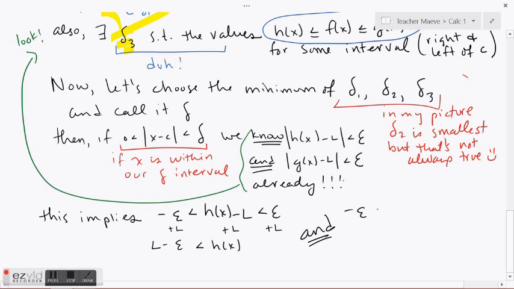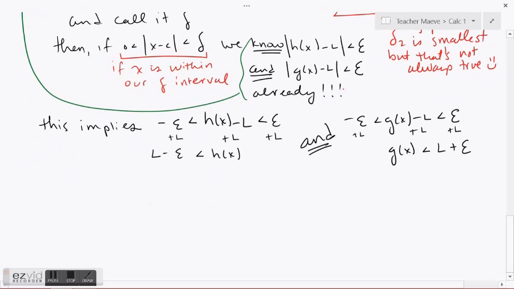And at the same time, negative epsilon is less than g of x minus L is less than epsilon. Let's add L. So really all we care about is that g of x is less than L plus epsilon.